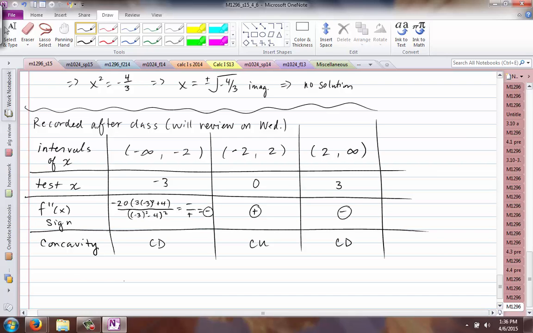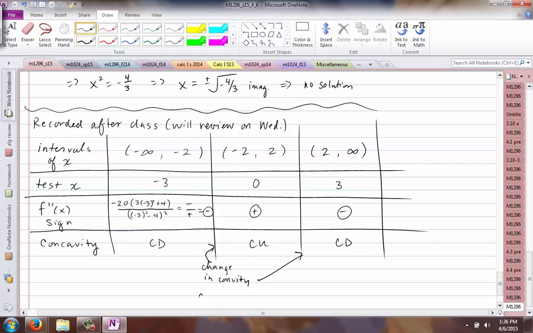We do need to look at inflection points. We do have a change in concavity at both x equals negative 2 and x equals 2.